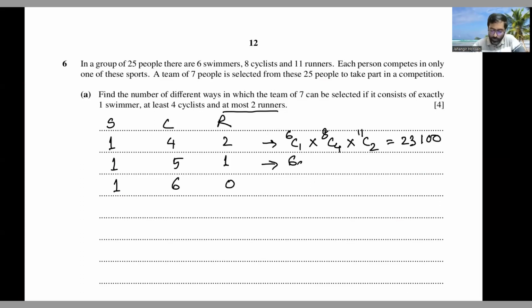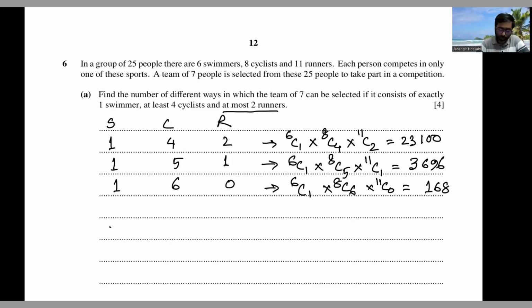Then we have one swimmer from six swimmers, 6C1, five cyclists from 8, 8C5, one runner from 11, 11C1, that is 3696. And here 6C1 times 8C6 times 11C0, that's 168.